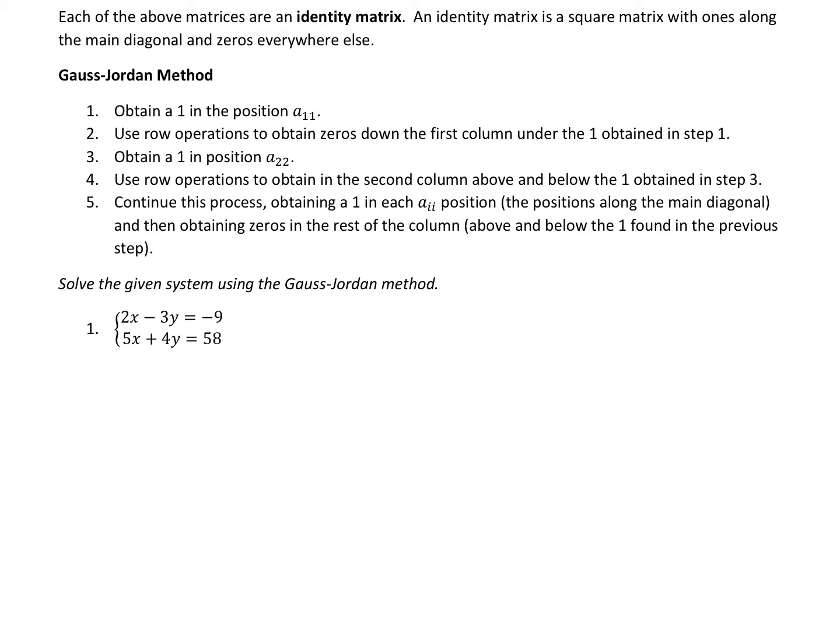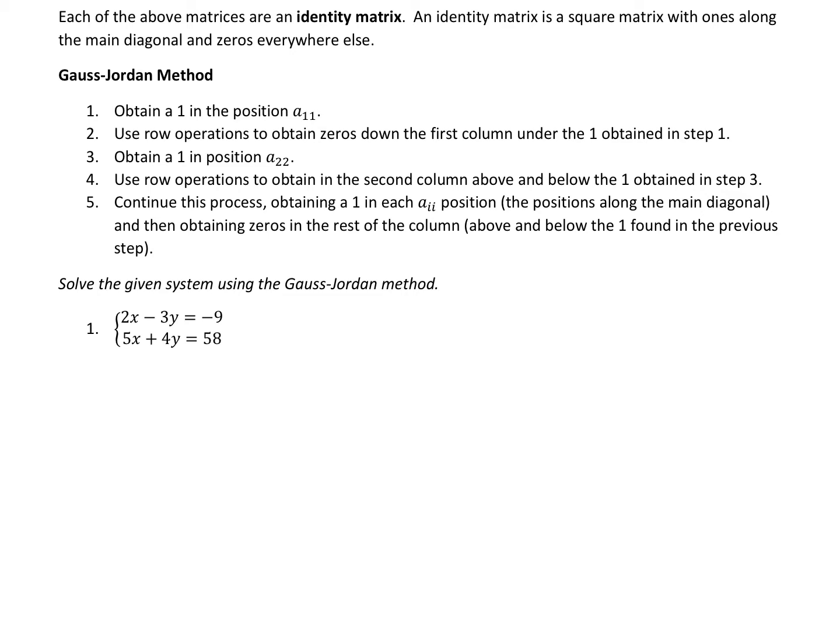Then your next goal is to get a 1 in position A22. After you get a 1 in that position, you want to zero out everything above and below that 1. You're going to continue that process with A33, A44, etc., until you get down to the bottom right-hand corner, make that a 1, and zero everything out above that.